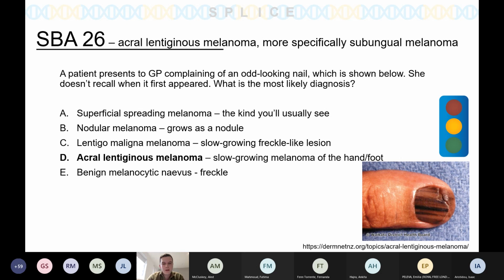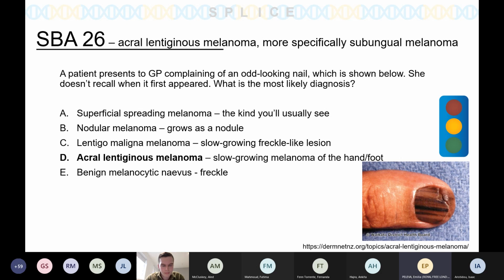Most people got this. We've got a slide after to show what the different types of melanoma are. It's a case again of being able to recognize exactly what it is. Acral lentiginous, I think, means slow growing of the extremities, so you'll have this on the hand or foot. And I think this is potentially what Bob Marley died of, but I didn't verify that. I didn't look it up before this lecture, sorry.